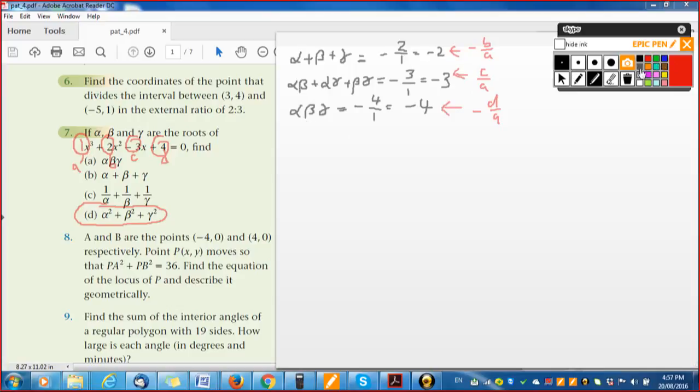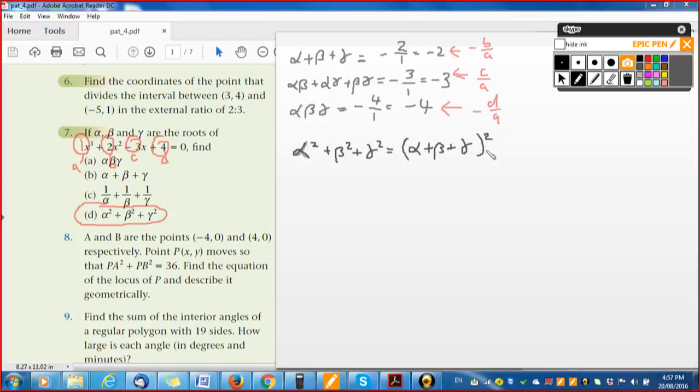Now, the big question is, how do you then get alpha squared plus beta squared plus gamma squared? Now, can I just say this is what's going to happen? It's going to be alpha plus beta plus gamma all squared. Now, how do I know this?